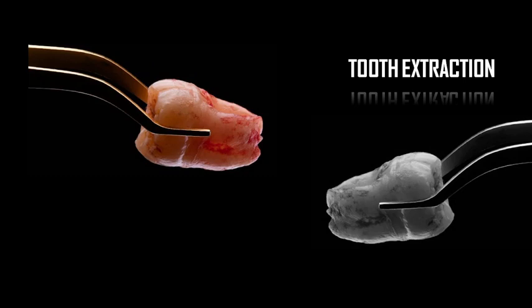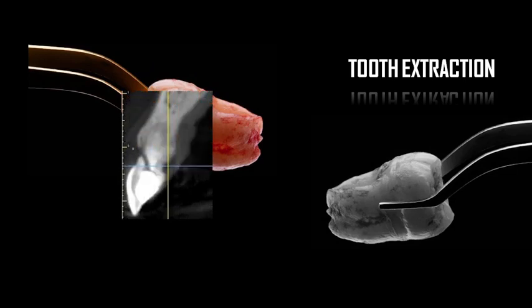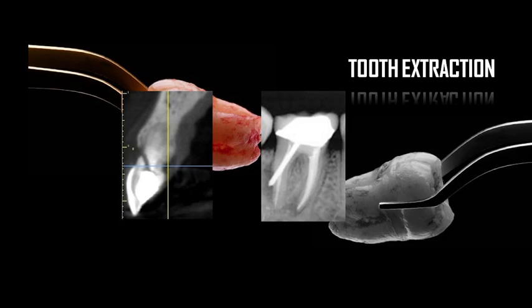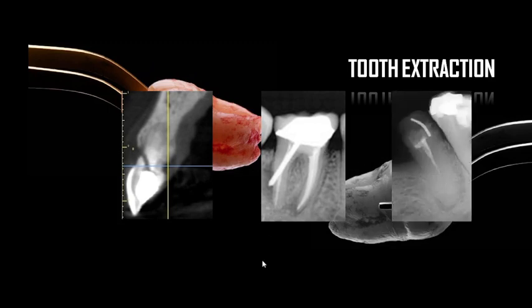So you have done your examination, and the X-ray revealed either a fracture or a post-fracture, as we see here, a post-fracture in the root of the tooth, or an endodontic complication which cannot be resolved. So of course our decision will be tooth extraction.